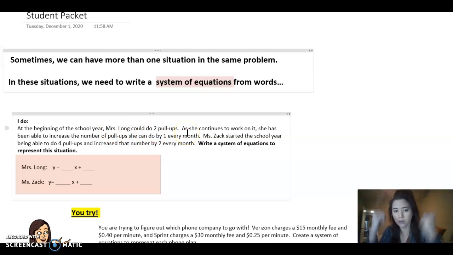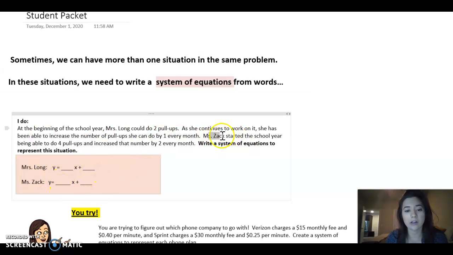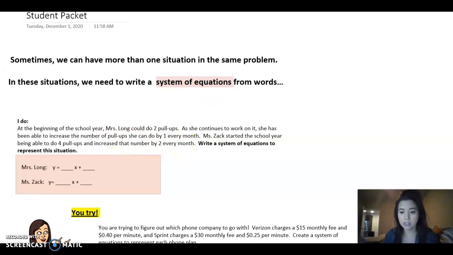As she continues to work on it, she's able to increase the number of pull-ups she can do by 1 every month. So we need to create the equation for her, and then Miss Zach started the school year being able to do 4 pull-ups that increased by 2 every month. So 2 different scenarios, 2 different people. Each of us are going to be represented with our own equation.